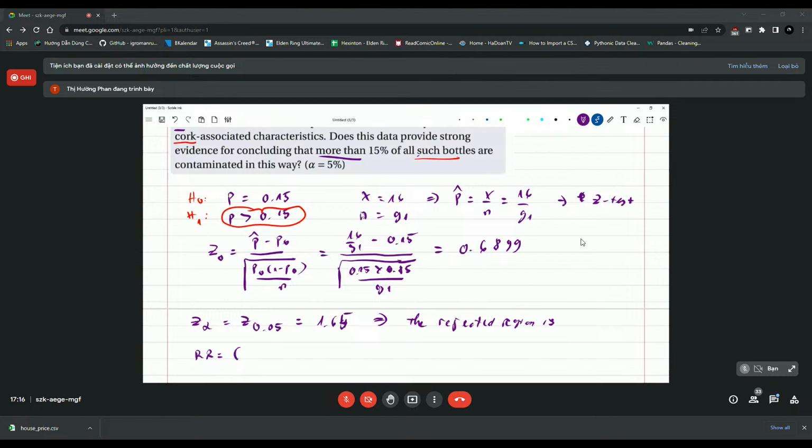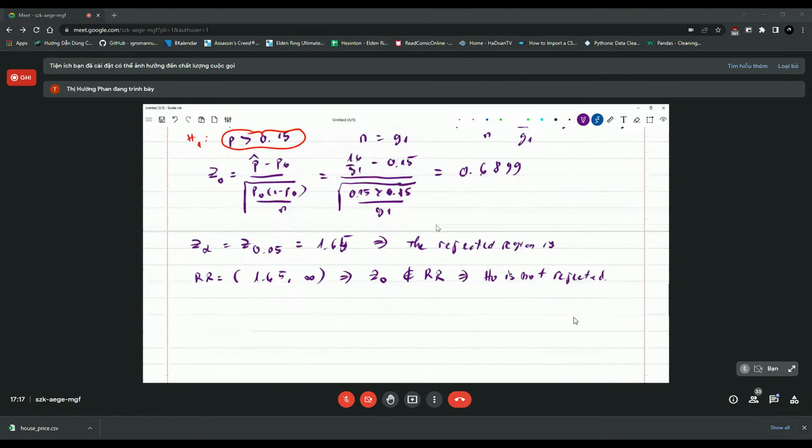So if the test statistic is as large as possible, from the critical value to infinity. In this case, we see that Z0 equals 0.699. It doesn't belong to the rejection region. Hence, we confirm that H0 is not rejected.